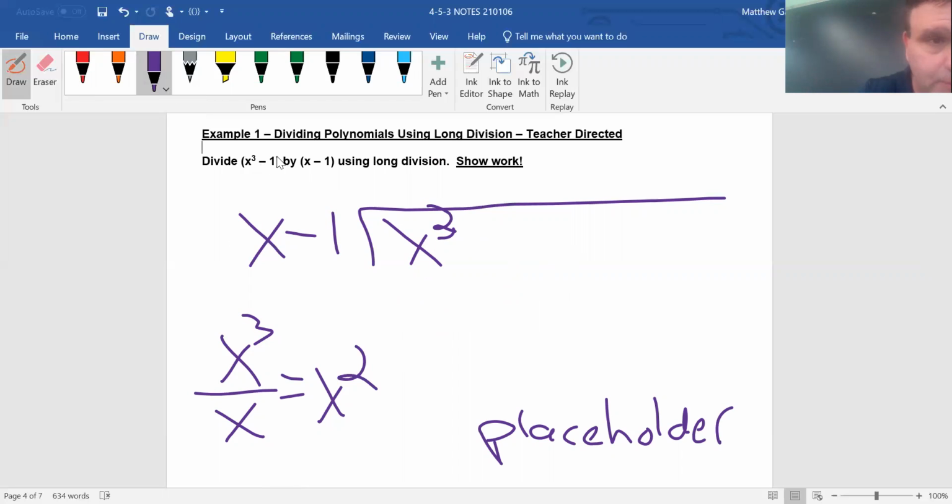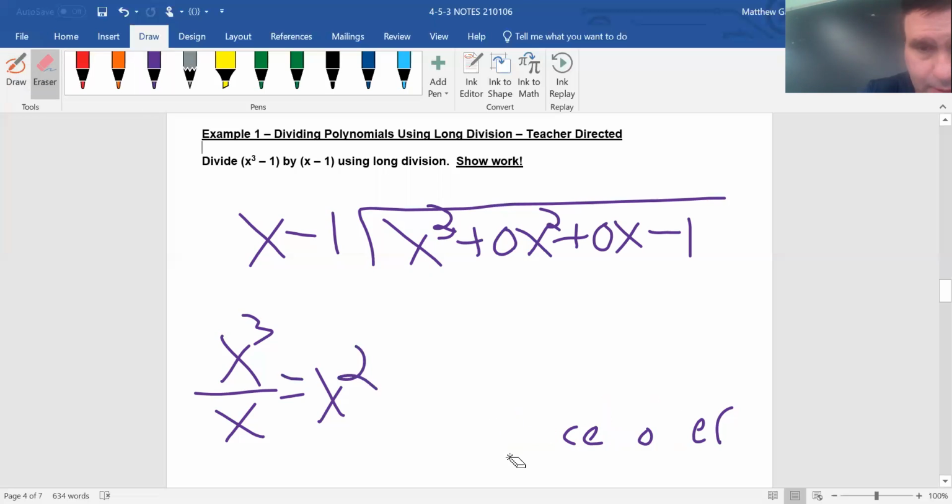You go from a cubic term to a constant, so you need a coefficient for the quadratic term. We write that as 0x squared. 0x squared is a placeholder, and you need a placeholder for the linear term, which is 0x, and then we have -1. That's what's meant by the placeholder. And then again, we're still going to start with x squared.